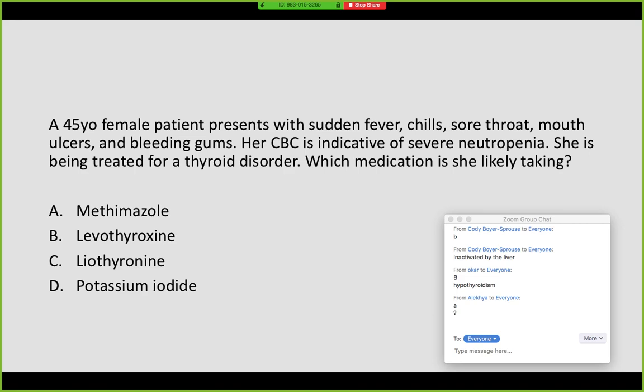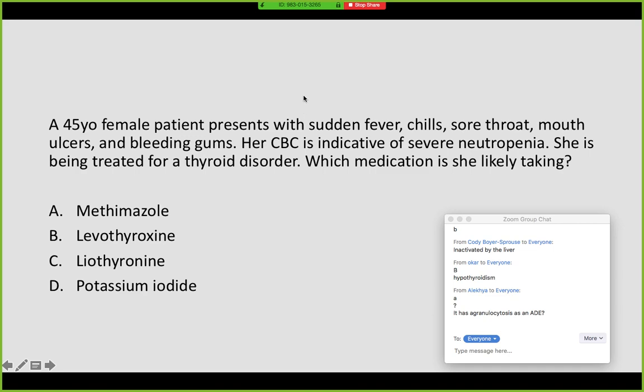The correct answer is A. So why did you choose A? Right, so with methimazole, agranulocytosis is one of your fatal adverse effects.